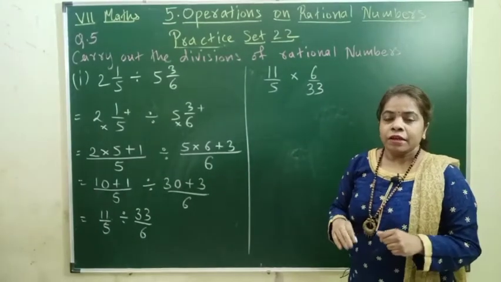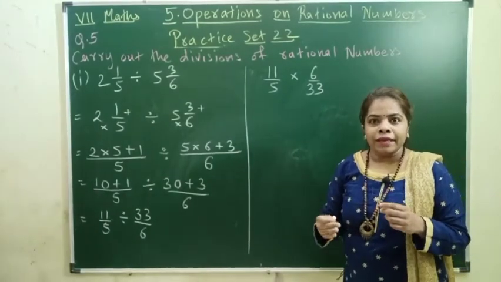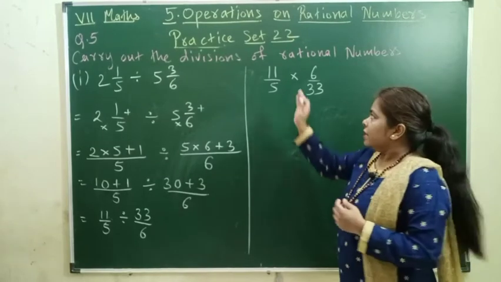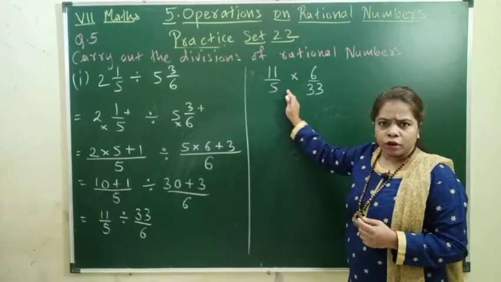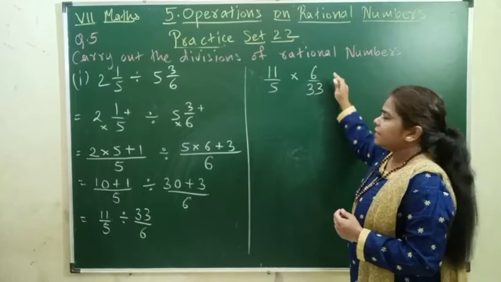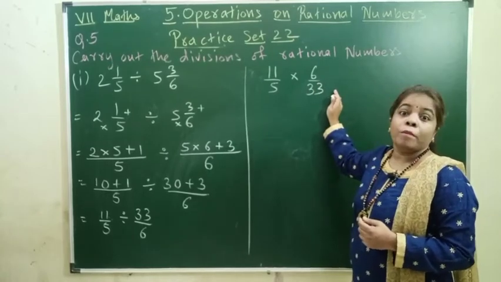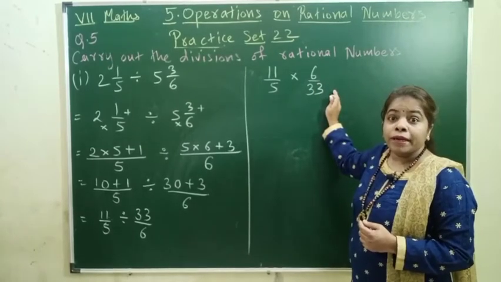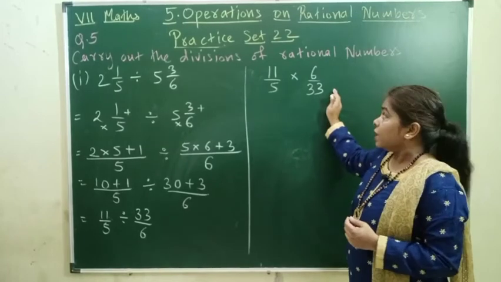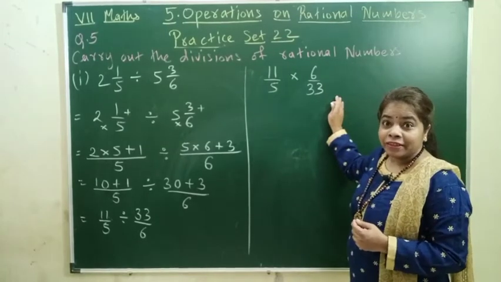Now we will see whether the fractions are coming in a common table or not. 11 and 5 do not come in a common table. 6 and 33, yes, they come in a common table of 3. 3 2s are 6, 3 11s are 33.